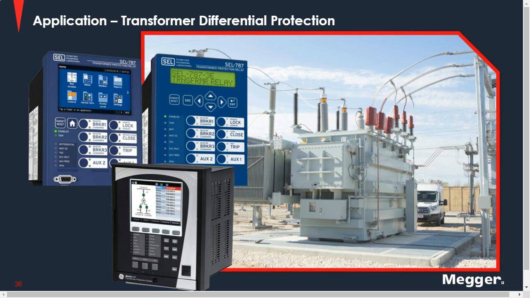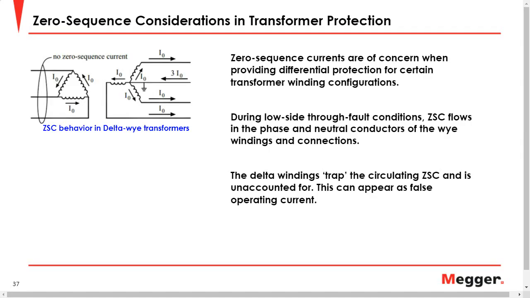With the digital protection relays, it gives us the ability to remove zero sequence currents from the relay inputs, and this is because during a through fault condition, the CTs may saturate, and when they saturate, you're going to see imbalances. That's going to show up. Say if it's on a delta Y transformer, you're going to see zero sequence currents.